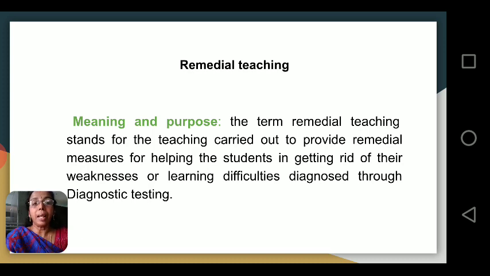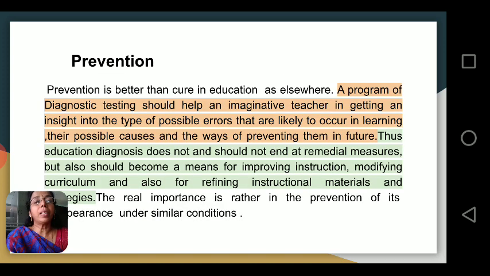Then the next phase is you have to design the individual remediation and group remediation for getting rid of these weaknesses or learning difficulties.